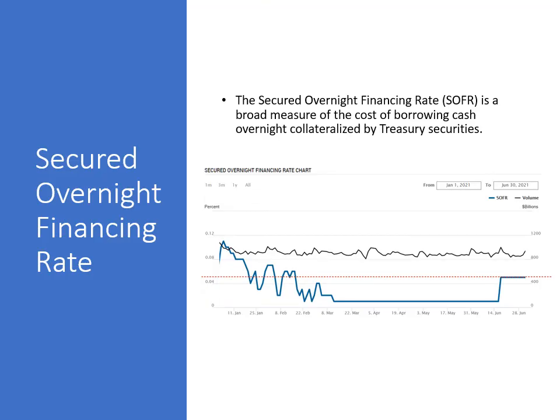So now we can further examine the argument. We can see the Secured Overnight Financing Rate, which is considered one of the most important money market benchmark interest rates in the financial market. It is also a broad measure of the cost of borrowing cash overnight collateralized by Treasury securities. As you can see from the graph, the rate had been dropping since early January of 2021 because of the reason mentioned before, there is just too much money.